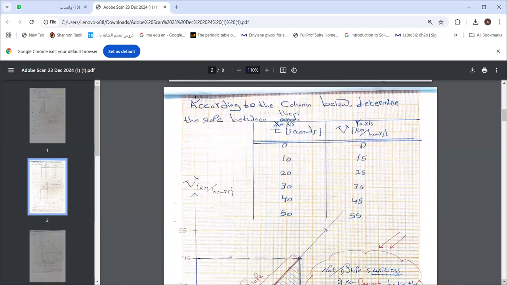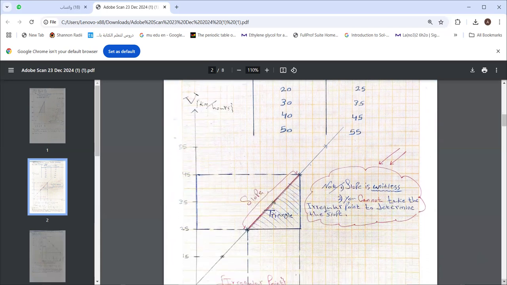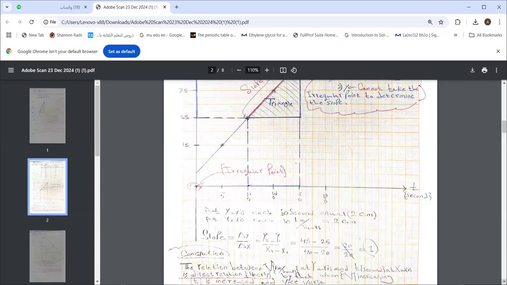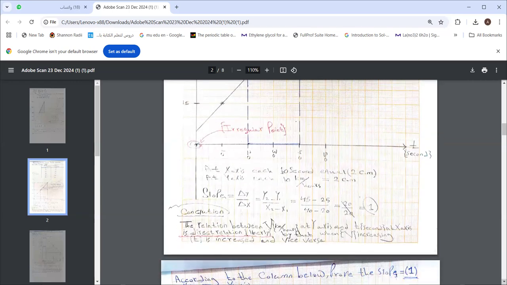Here's the homework: according to the column below, determine the slope. How I divided the y-axis and the x-axis. The conclusion is clear. The relation between them is linear.